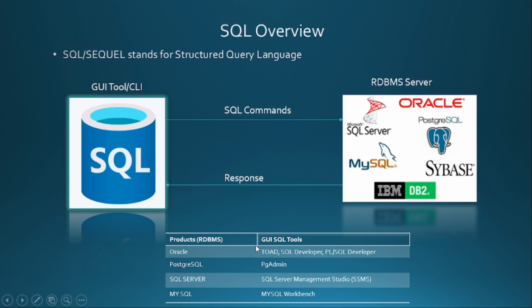It is easy for developers to write SQL commands, properly format the code, and write long stored procedures, stored functions, or any other operations in the GUI tool. For Oracle, we have Toad, SQL Developer, PL/SQL Developer. These are the three GUI SQL tools we can leverage.